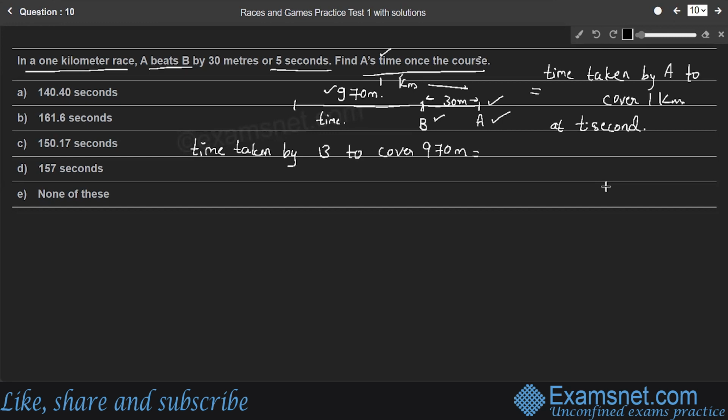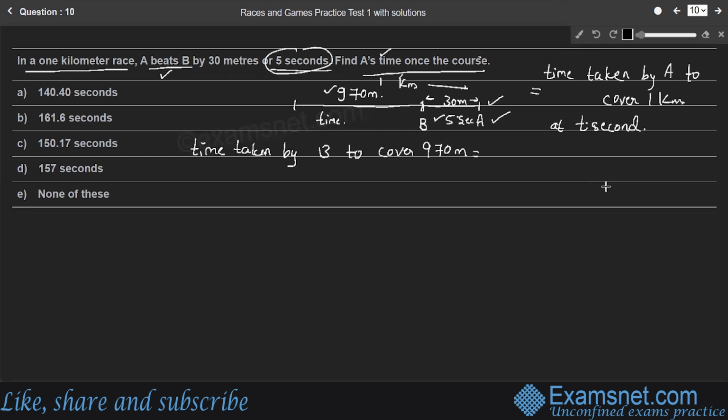So we'll consider the time taken by B to cover 970 meters. Here it is given that A beats B by 30 meters, which means B takes 5 seconds. 30 meters or 5 seconds is given. B takes 5 seconds to cover 30 meters of distance.